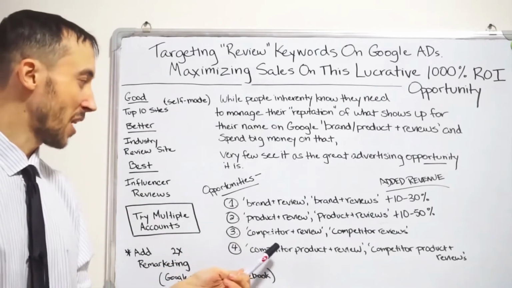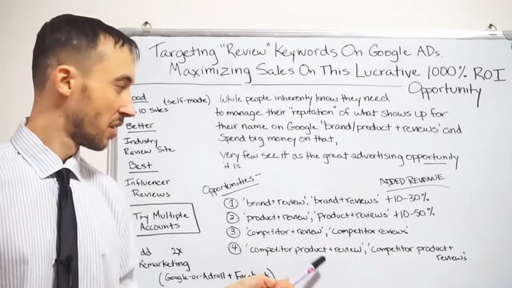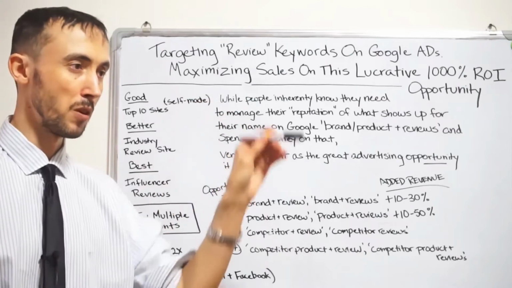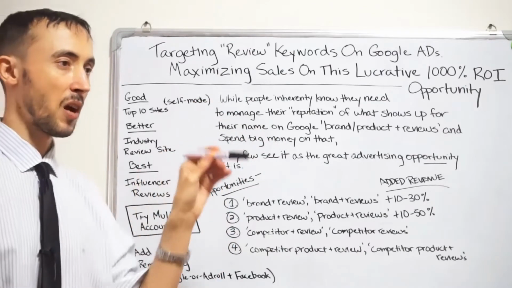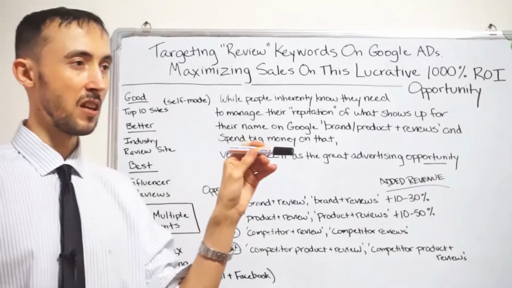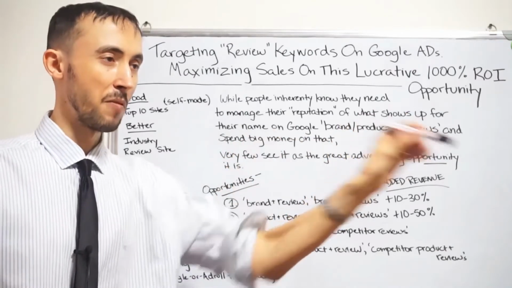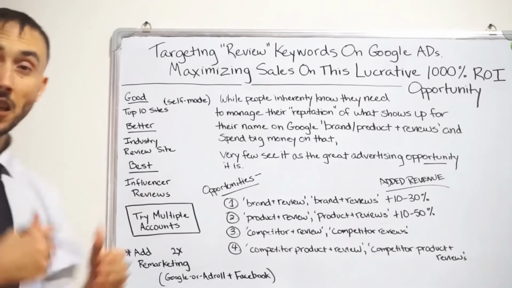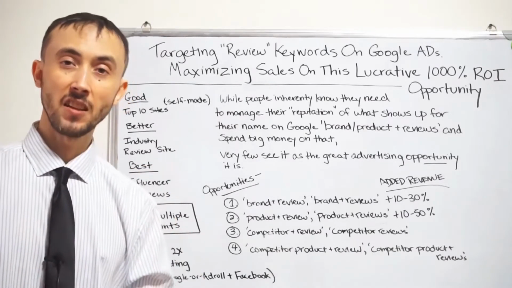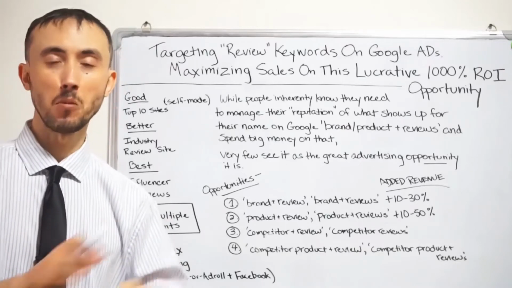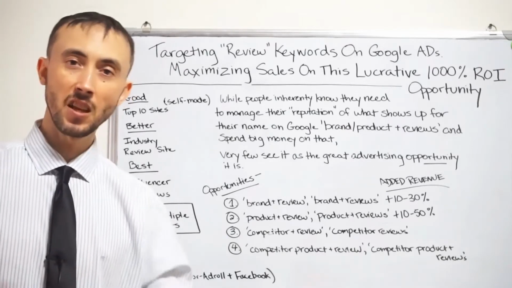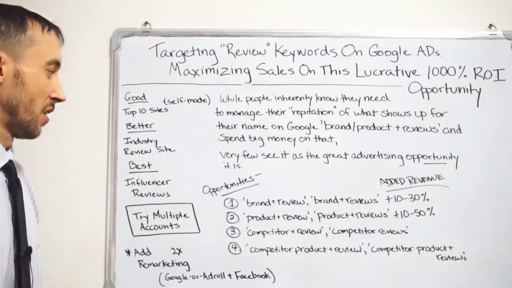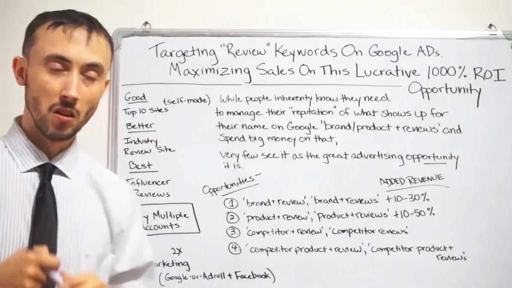When somebody types in your competitor's product and then "review," you could have an ad saying, "Top industry influencer reviews your product versus the product they were searching for, see what they said." That's going to flag that person down and get them to stop. You're just redirecting and distracting them so they don't finish their purchase with that person. But that's just one that you can do.